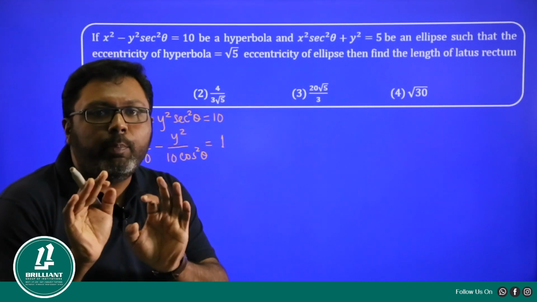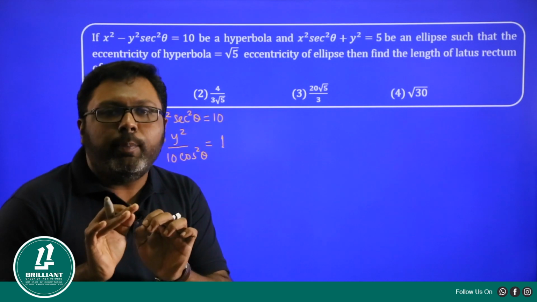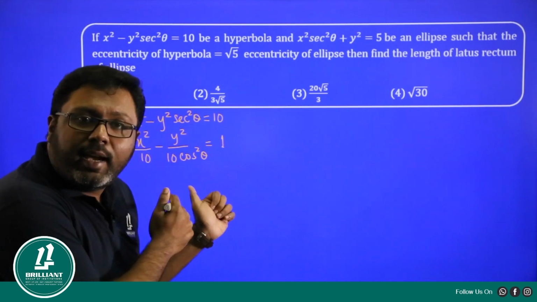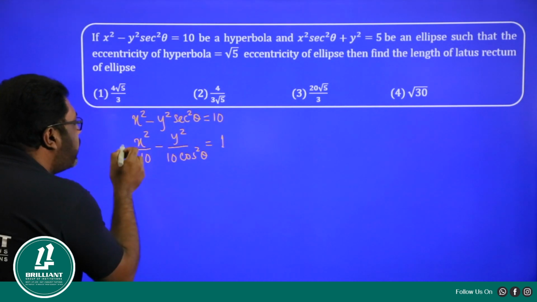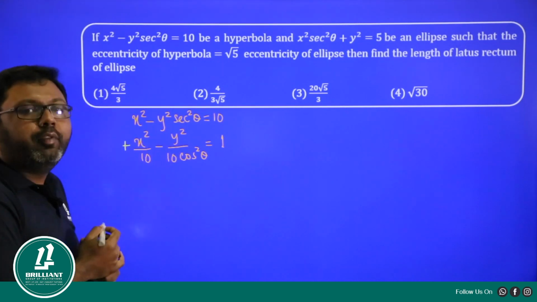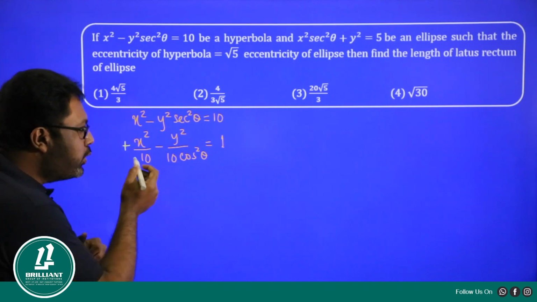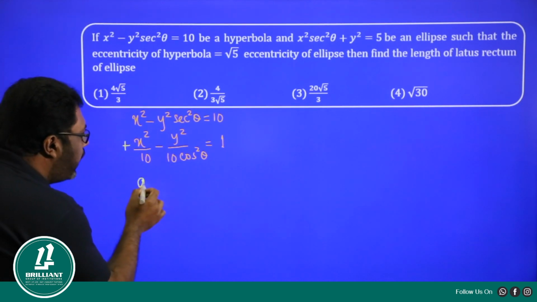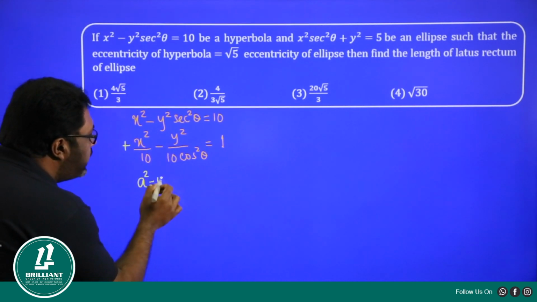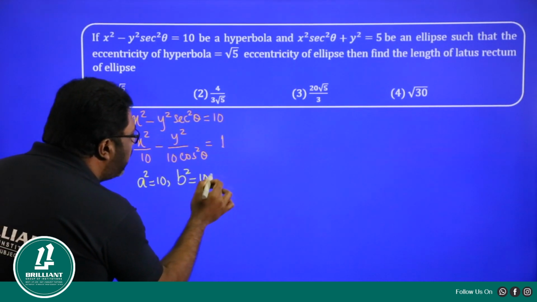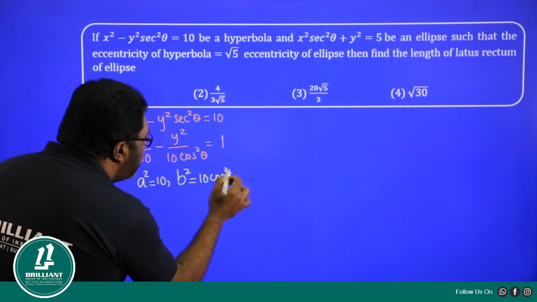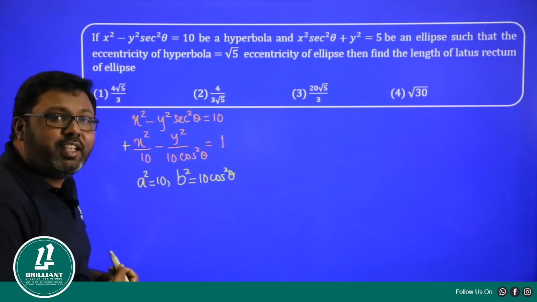We know that the hyperbola is on the x-axis in this case, because here it is positive for the x squared and negative for the y squared. So from here it's very clear, my a squared is equal to 10 and my b squared is equal to 10 cos squared theta.